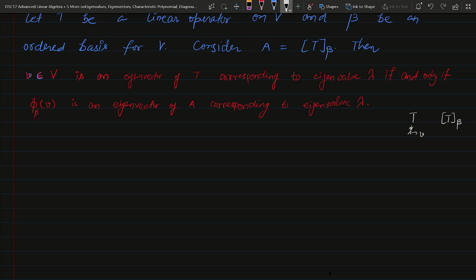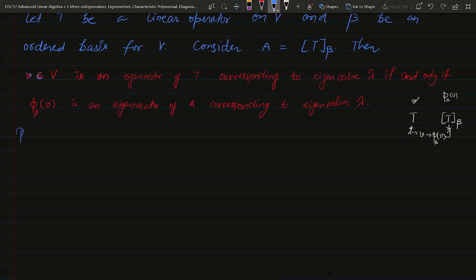Now, if we take this v from the vector space V, then we can always talk about its phi beta image, that is phi beta of v. That will be an eigenvector of this matrix corresponding to the same eigenvalue lambda. So this is the bridge between this linear operator T and this matrix A. Okay, and the proof is very simple.